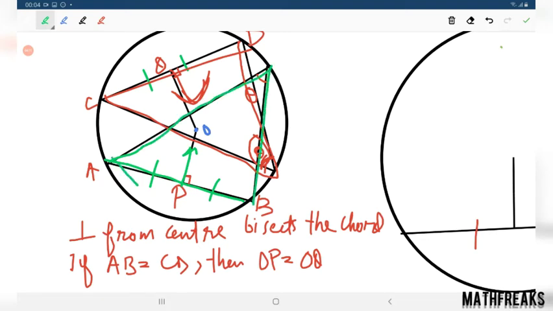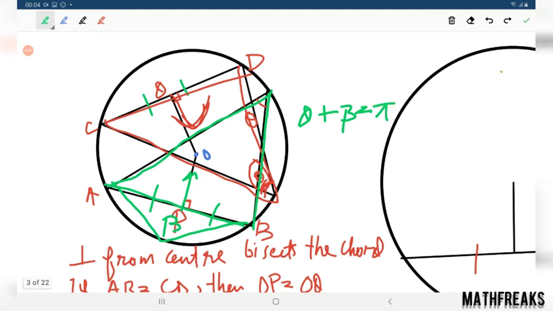If the direction is opposite, suppose this is beta, then theta plus beta equals 180 degrees, that is pi radians. That is the important thing. Please note it down.